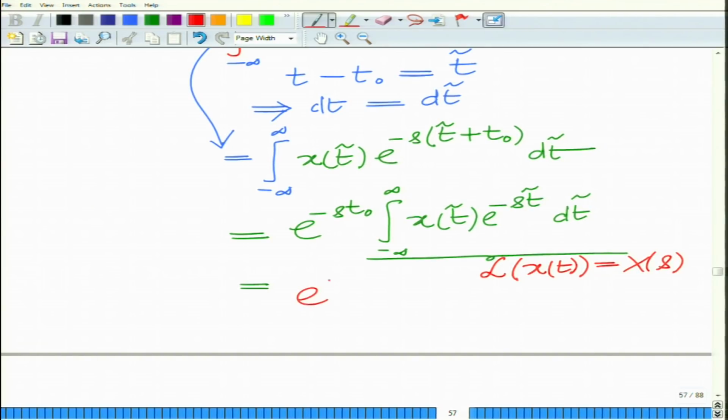So this is equal to e raised to minus s t naught times X(s).